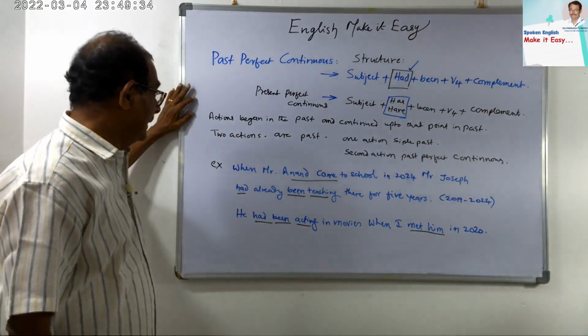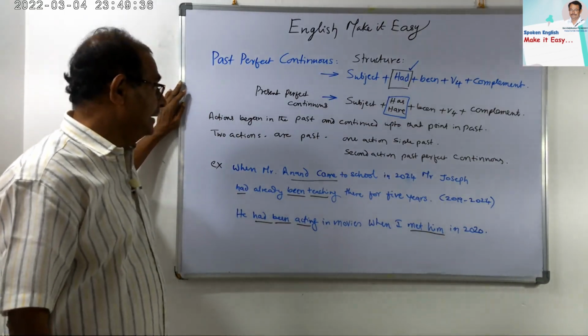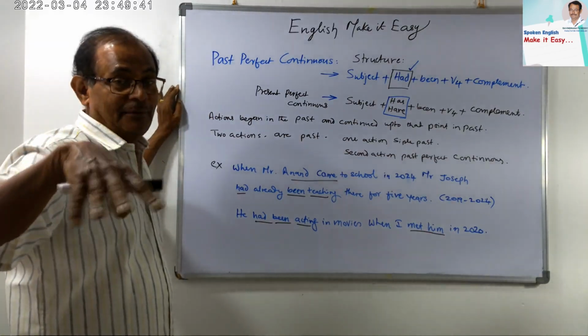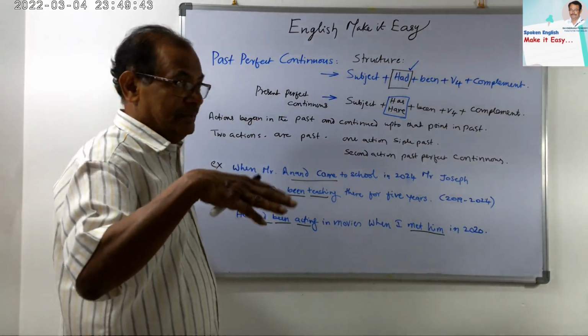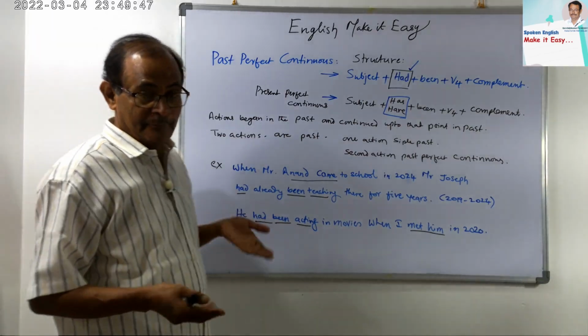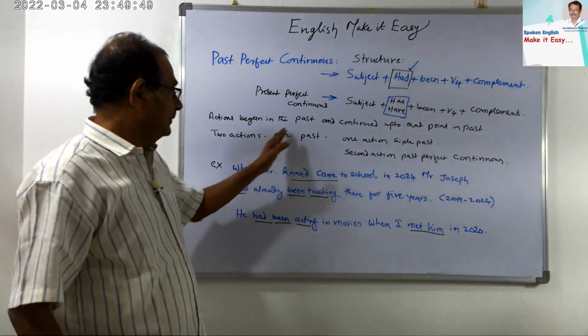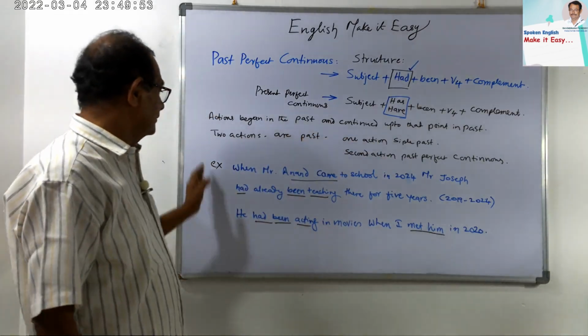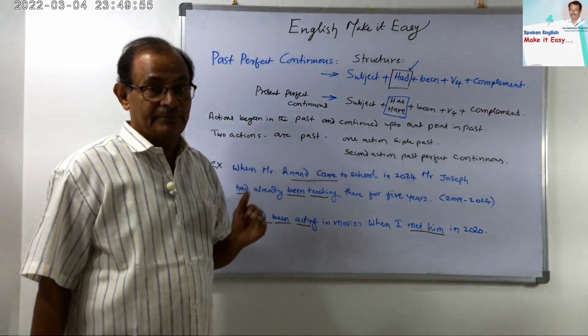Actions began in the past and continued up to that point in the past. Up to a particular point, both actions are completed and actions have begun. Next, the two actions are past actions only.